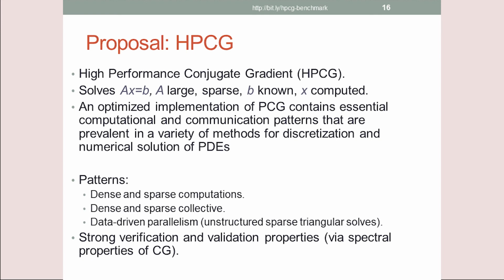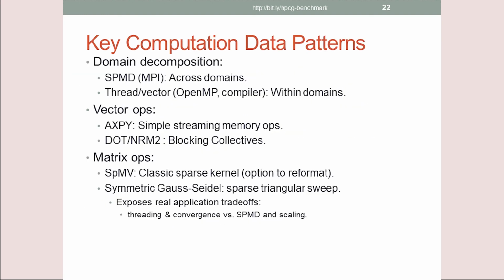The operation that's very common here is an AXPY, taking a scalar multiple of a vector plus another vector. So AX plus Y is the basic operation that's done there. And then there are also things like dot products and norms which are computed. So those things have to be optimized. And again, the optimization should use whatever is the best implementation of those vector operations on a given machine.